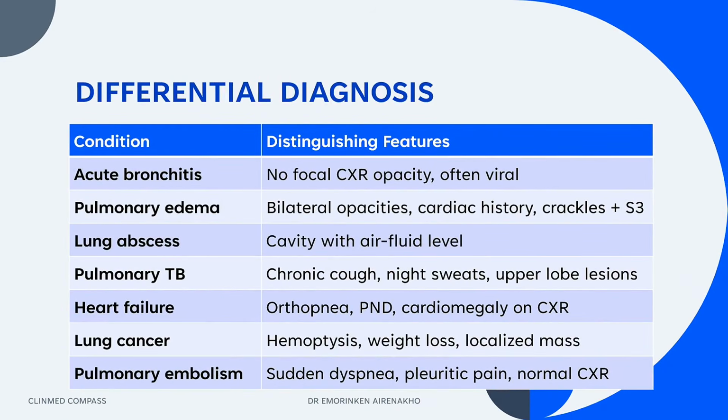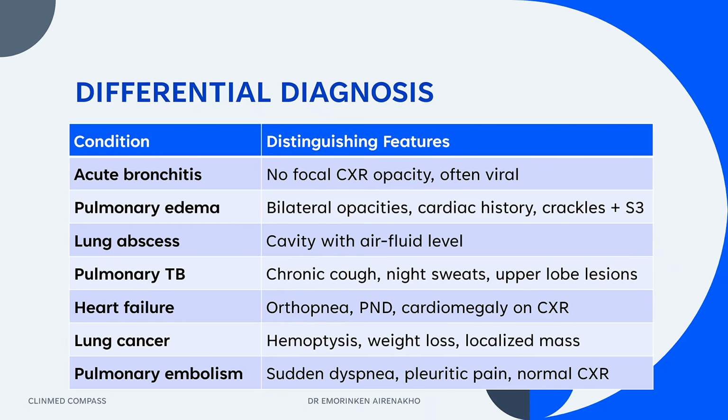Differential diagnosis of pneumonia. It's important to note that not every infiltrate is pneumonia. Therefore, you consider differentials like acute bronchitis. These persons have cough, but usually they have a clear chest X-ray. And acute bronchitis is often viral. Next is pulmonary edema.